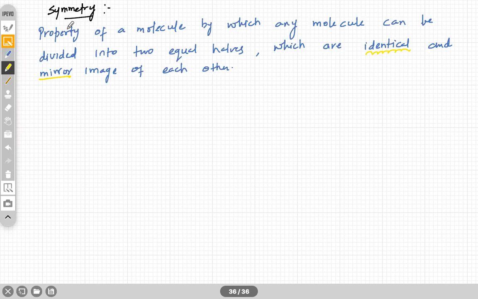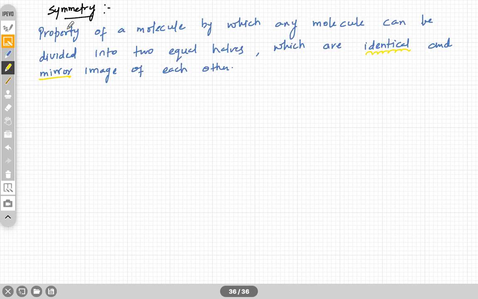If you go through the video once, you will understand the symmetrical elements and can easily identify whether symmetry is present in a given molecule. You don't have to put much brain into it, but you should know the facts, so go through it once.